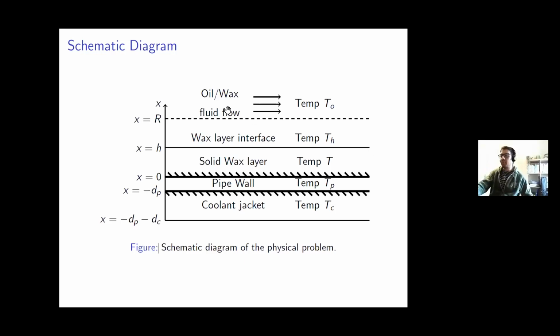And at the top part, we have our oil wax fluid flow, which is just a fluid flow going to the right. I'll stress here again that we're not really considering the fluid mechanic effects of the oil wax fluid flow in this particular case. The model we're proposing is more to do with a thermodynamic effect of the liquid wax in the fluid flow solidifying, and that's the main feature of this model.